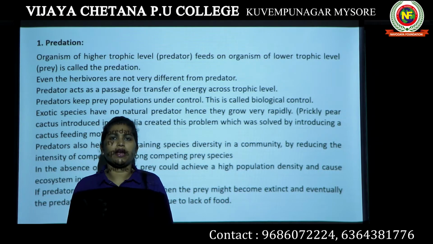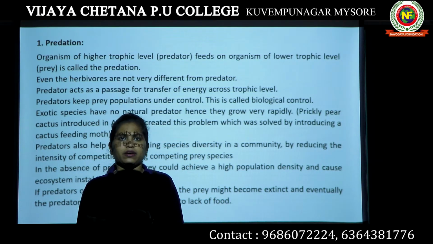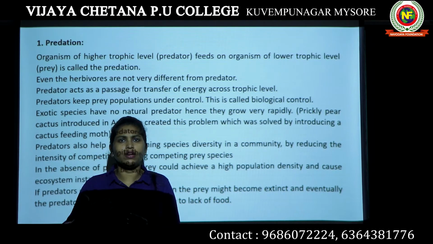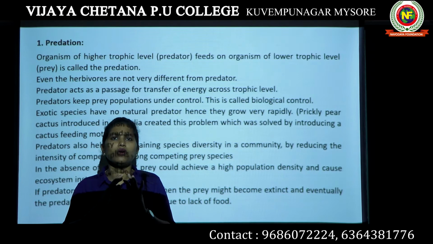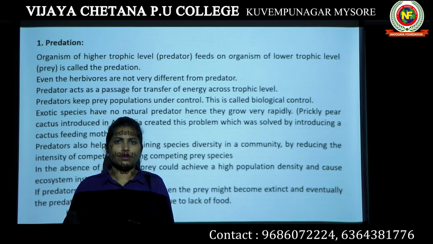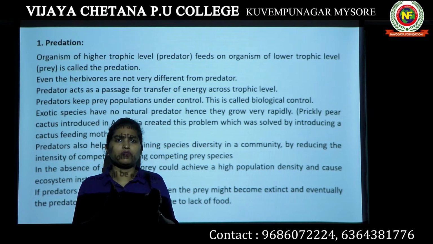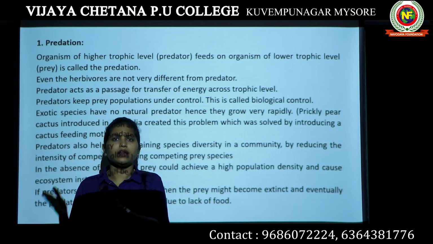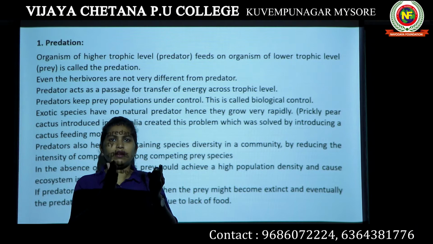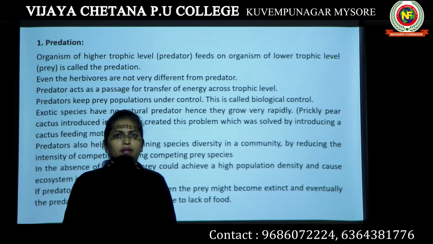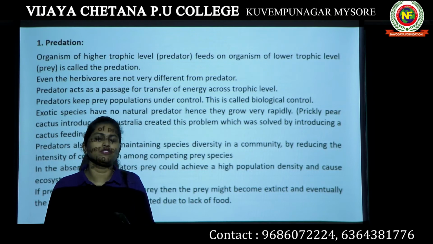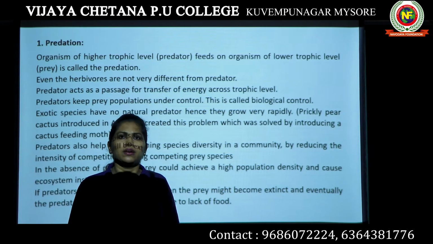If there are no predators, the number of prey will keep on increasing, with no limitation. Only if there are predators will the number of prey be limited. So this maintains a balance in the ecosystem. This is known as biological control.